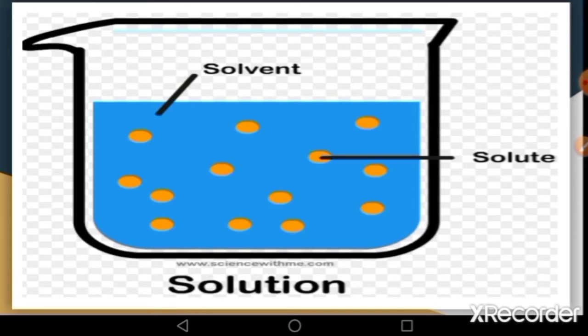A solute and solvent together form a solution, and that is why a solution is formed when solute and solvent mix together. If we add salt to water, the water turns salty as we have added salt to water.